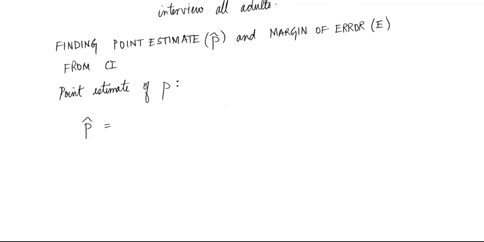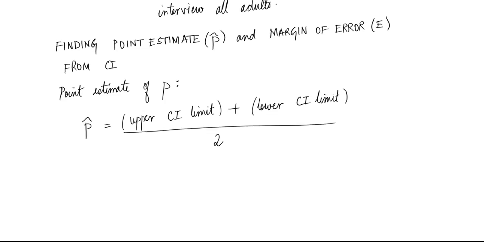Point estimate of P, P hat, can be found by doing the upper confidence interval limit plus the lower confidence interval limit. This is very intuitive actually, divided by 2, okay?